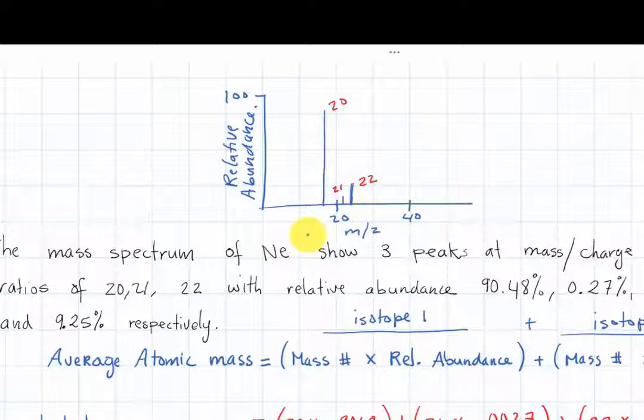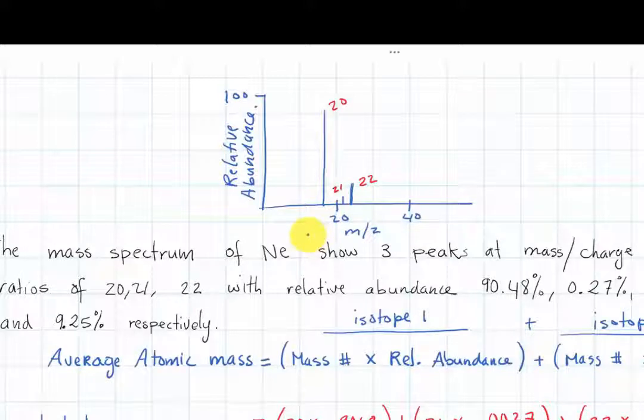A mass per charge of 20 gives you this peak, which is 90.48%. Then we have a mass per charge of 21, which is extremely small, because the percentage of abundance is less than 1%. Then we have 22 right here. At 22, we have 9.25%, which gives us a taller peak.